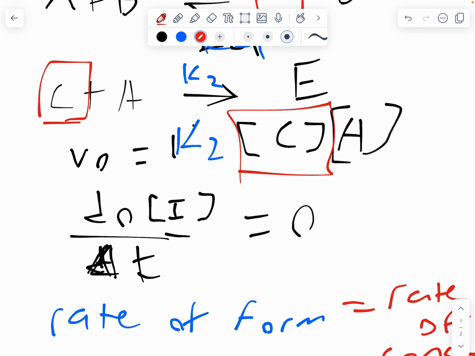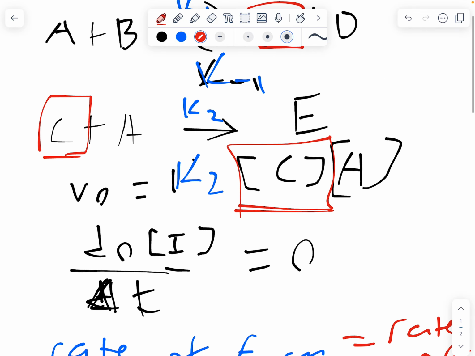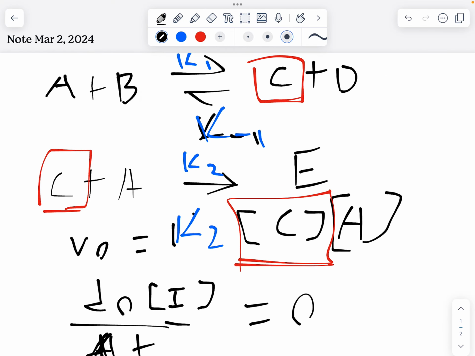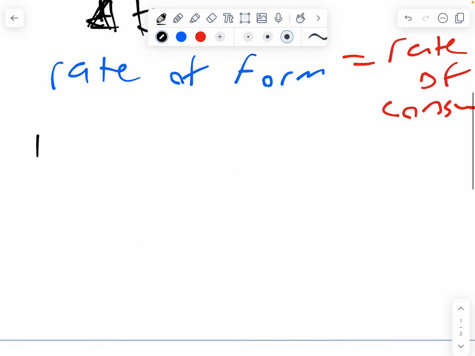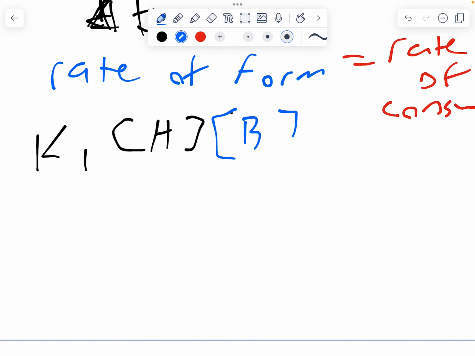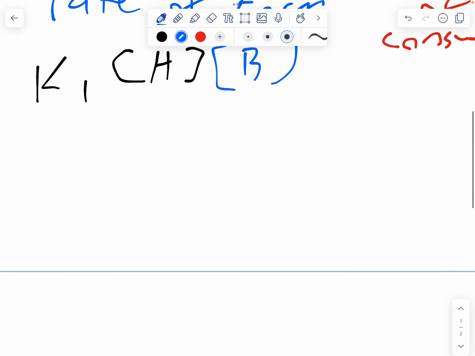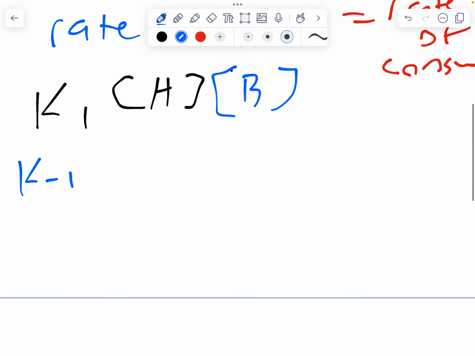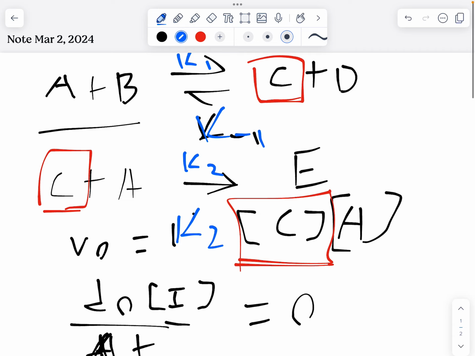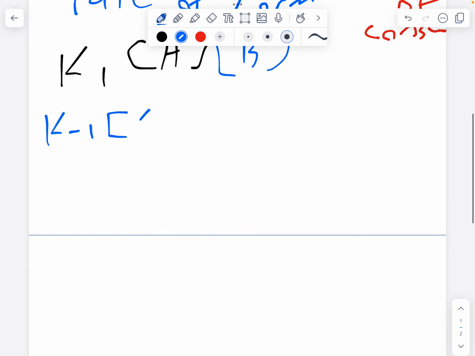And so, we got a problem in that rate step because we want to get rid of that C. So let's write an expression for the rate of formation of C and the rate of consumption of C. Rate of formation is going to be K1 times A times B. Rate of consumption of C is going to be K minus 1 times C times D, which is the reverse step going back to the reactants.